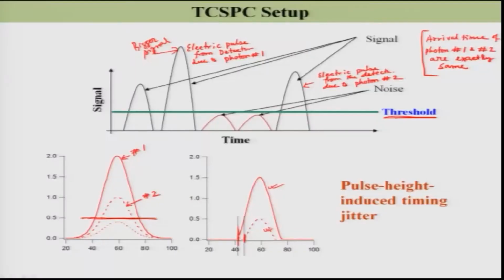but because of this threshold and because of this cutting, you see the start time of this signal is here and the start time of this signal is here. This is for number 1 and this one is for number 2. So, the arrival time of the signal due to photon 1 and photon 2, they are different, and this is a big problem.